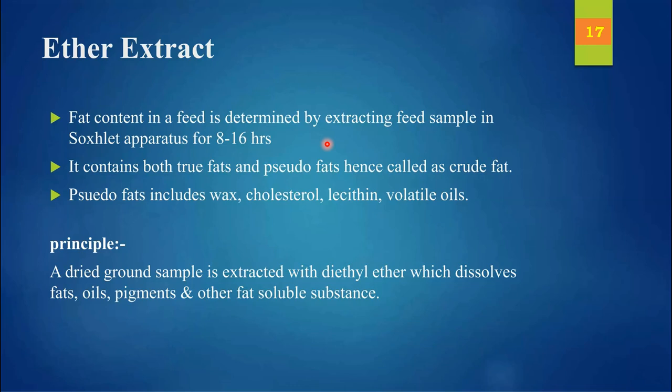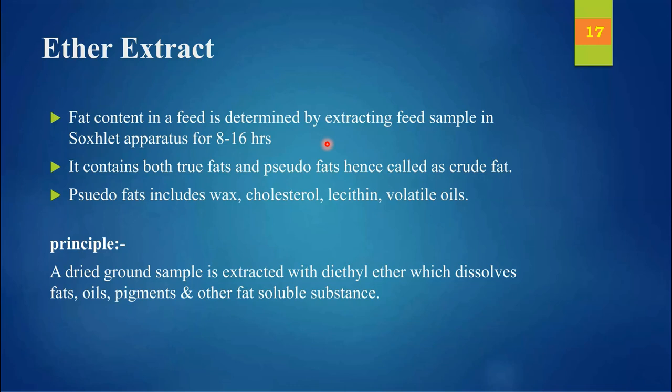The Soxhlet apparatus is one of the oldest equipment, and to this day many nutritional labs still contain it. But it contains both true fats and pseudo fats, hence it is called the crude fat.